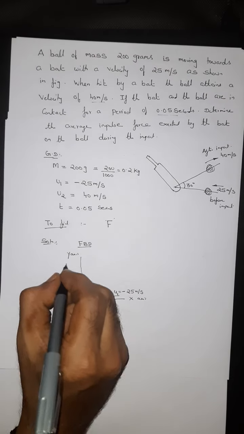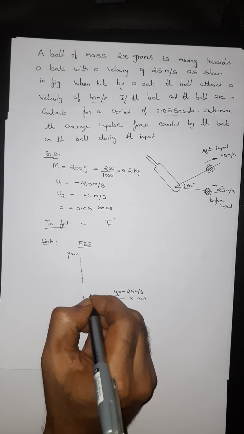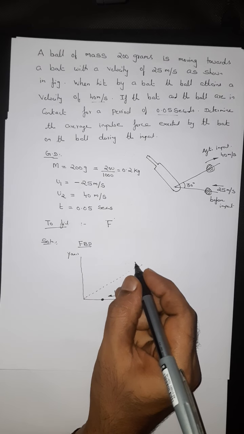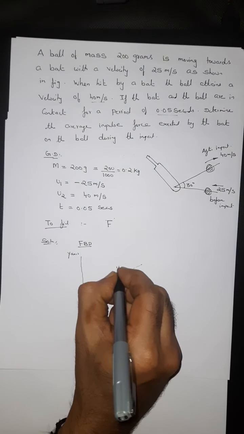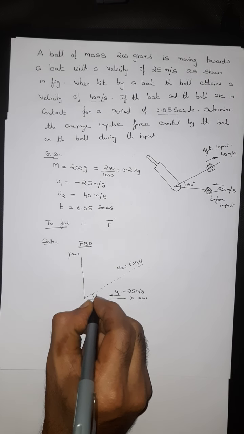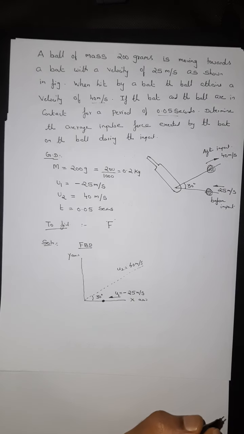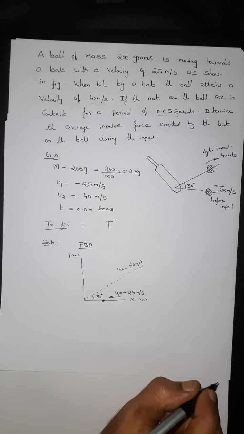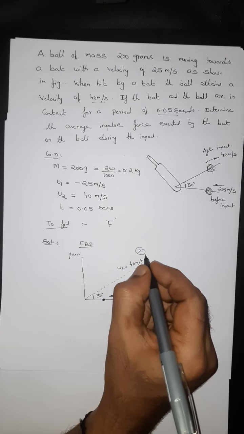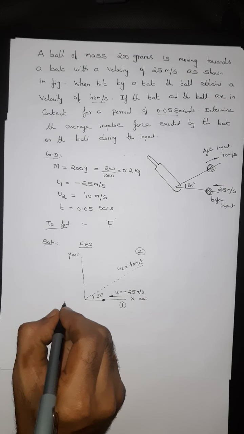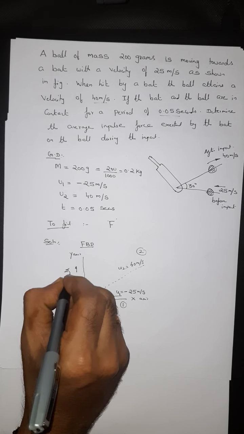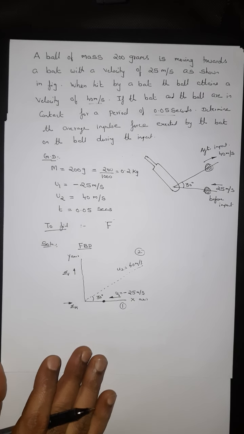When it hits the bat, it attains a velocity of 40, so u2 is equal to 40 meter per second. The angle is 30 degrees. Right? So this is position 1 and this is position 2. This is summation H and this is summation V.